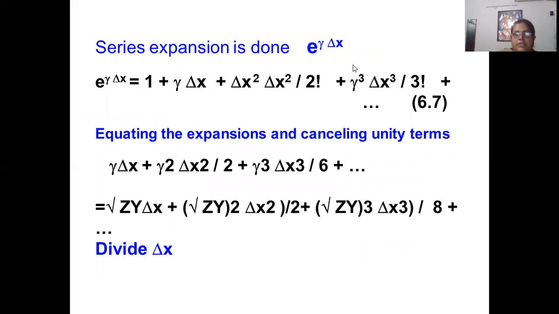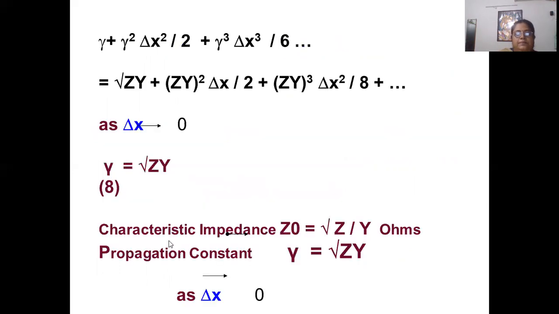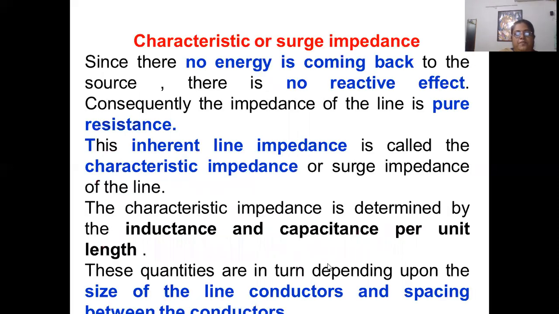Series expansion is done with the help of e to the power of gamma del x, equating the expansions and cancelling unit terms, and then dividing by del x. We have got this equation. Here, the characteristic impedance Z0 is equal to the square root of Z upon Y ohms, and the propagation constant is given by this relation.